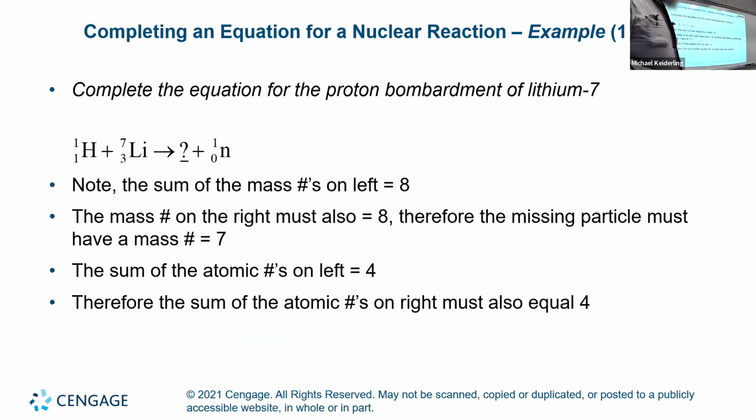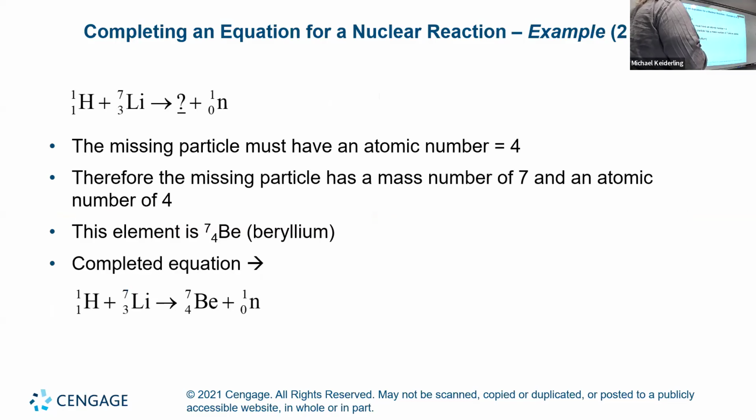So for example, if you bombard lithium-7 with a proton, so hydrogen plus lithium, the sum of the mass on the left has to be 8. You get a neutron out. Sum of the mass on the right has to be 8. You're going to get beryllium-7 plus a neutron.